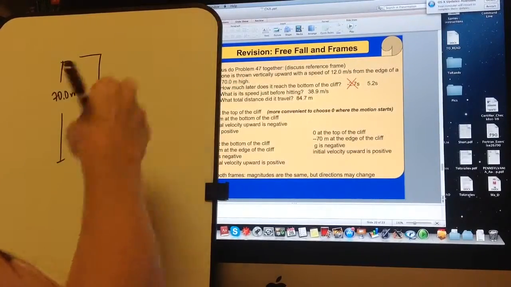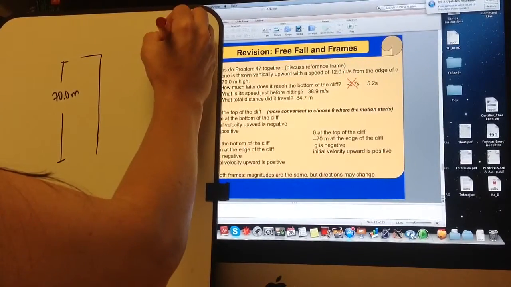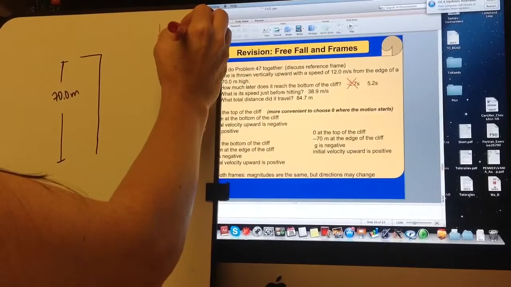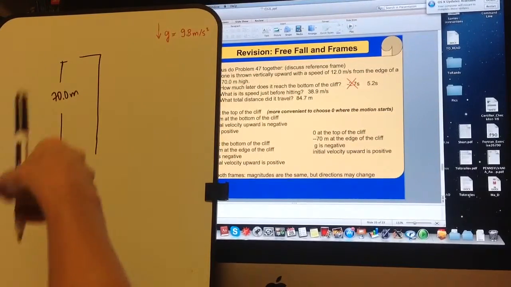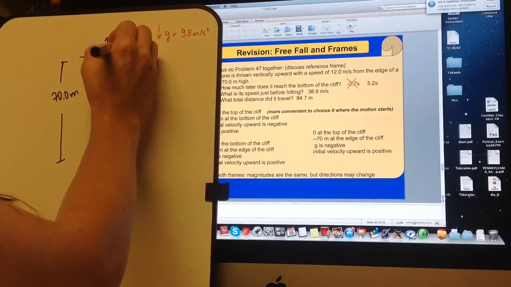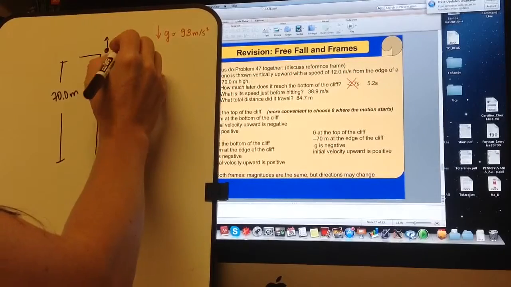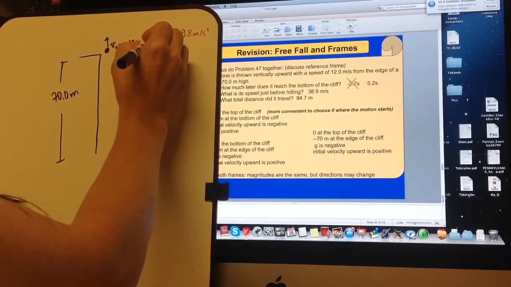And my G is of course pointing down. Magnitude is 9.8 meters per second squared. V is pointing up. V naught is pointing up and it's 12 meters per second.